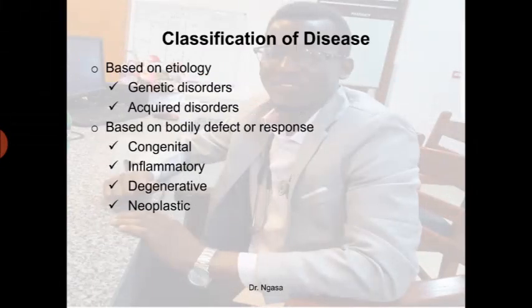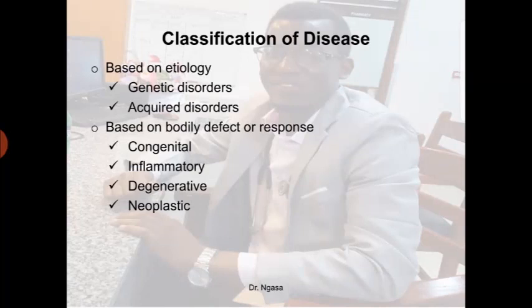Another objective we have in today's presentation is the classification of disease. After we have seen how diseases develop, these diseases can be classified into different classifications. Generally we have two categories of classifying diseases.